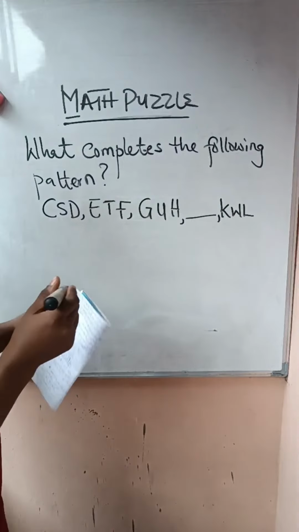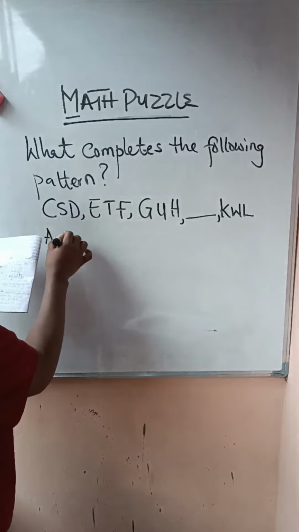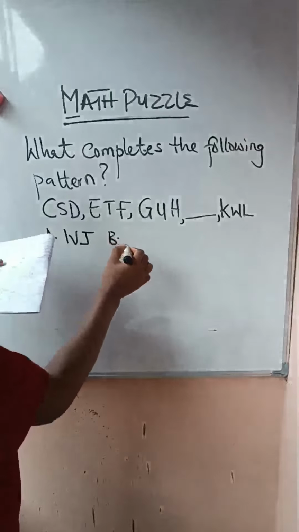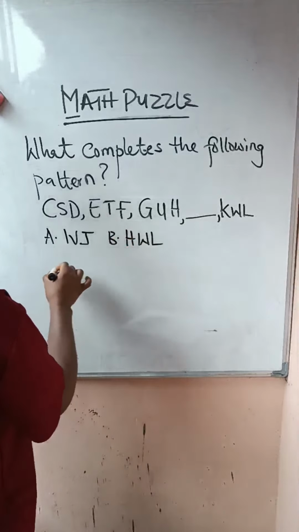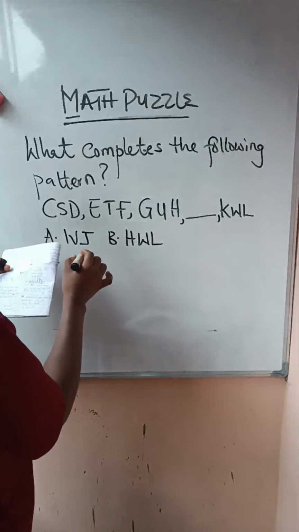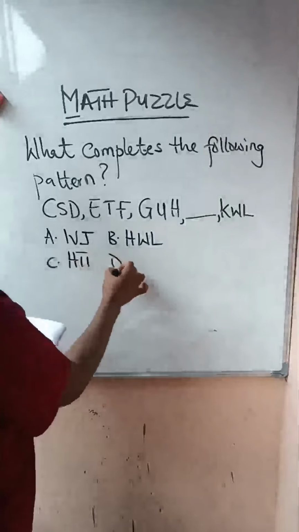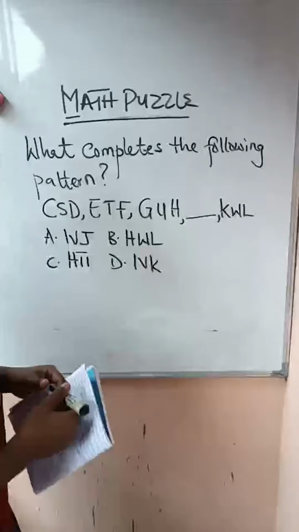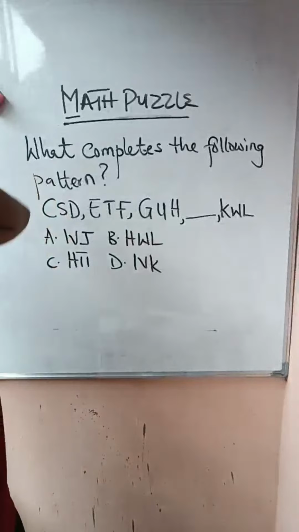The options are option A, IVJ. Option B, HWL. Option C, HTI. And option D, IVK. You need to pay attention to details in order to get this.